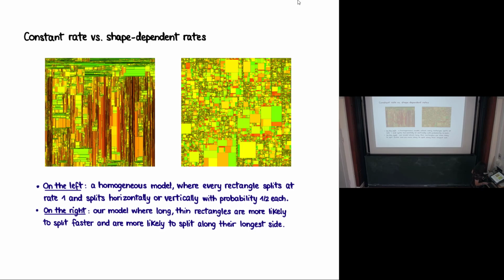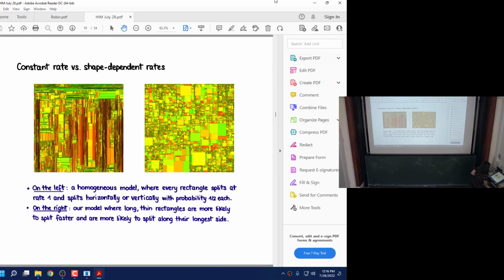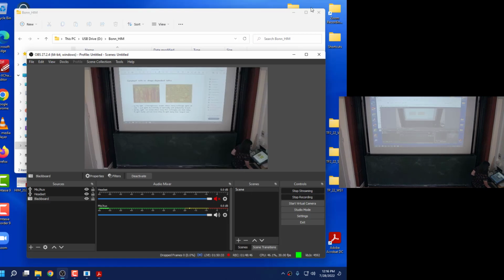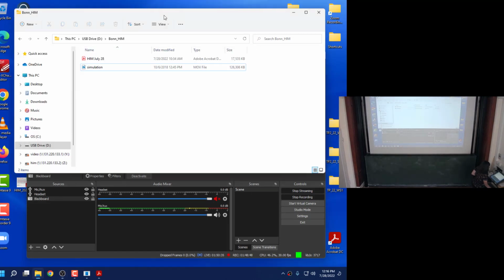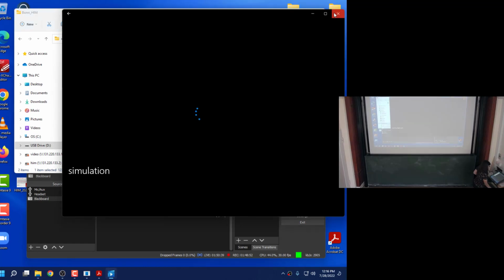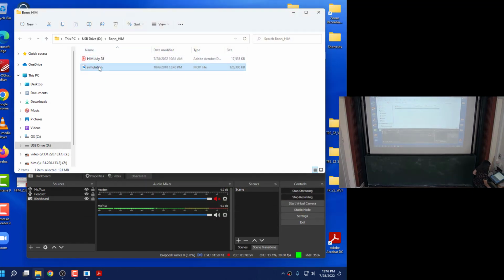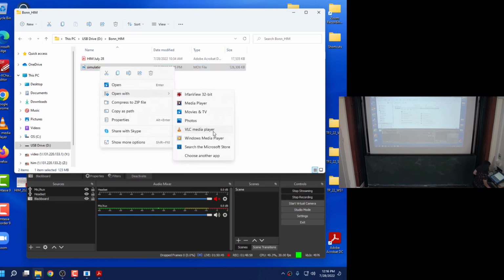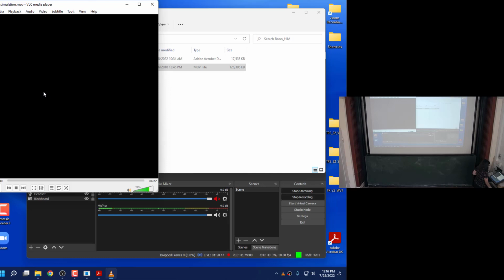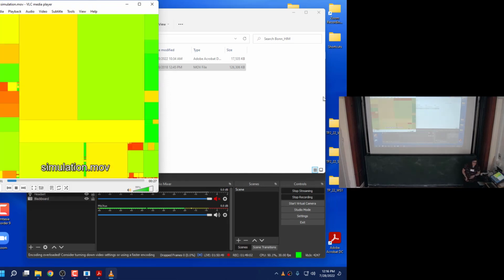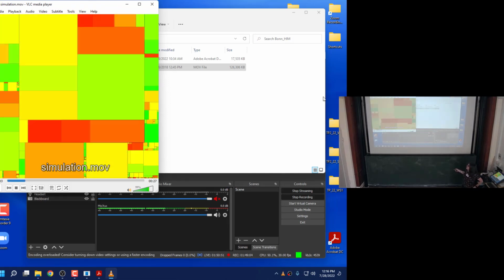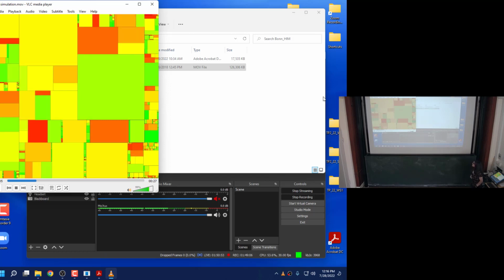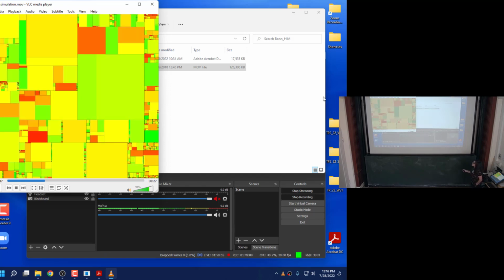So maybe now it's a good time to show you a simulation. This is just a dynamical version to get to the final configuration that I was showing you in the previous slides.